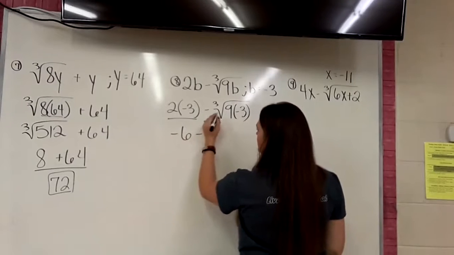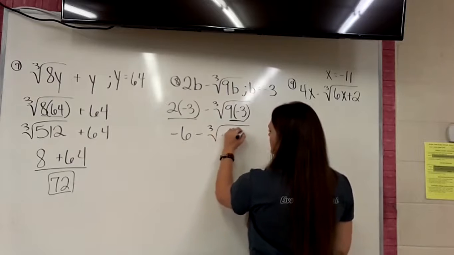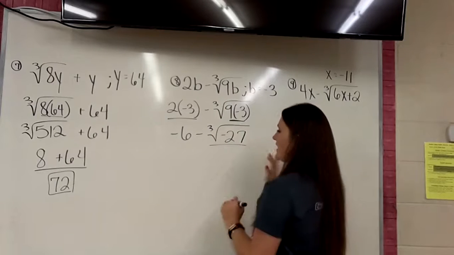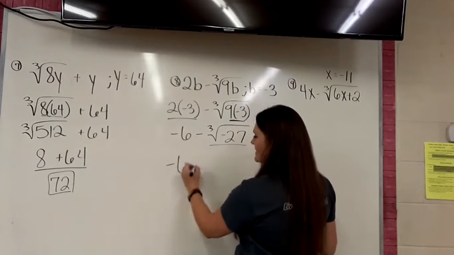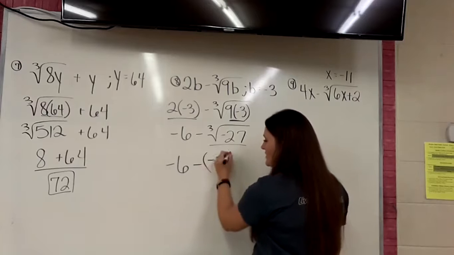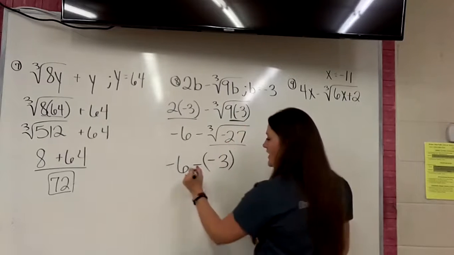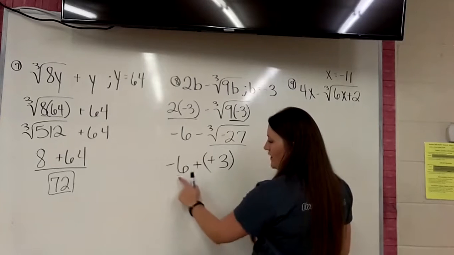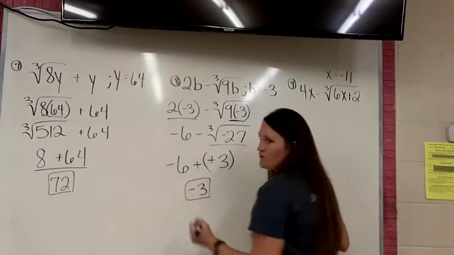That's negative 6 minus the cube root of negative 27. The cube root of negative 27 is negative 3. So don't forget, we have negative 6 minus negative 3. Whether it's in parentheses or not, a minus and a negative can't stay as two negatives. That becomes positive. And we have negative 6 plus 3, which is negative 3.